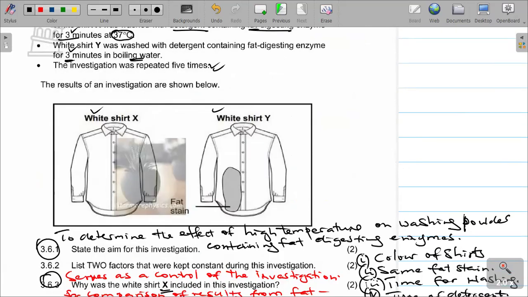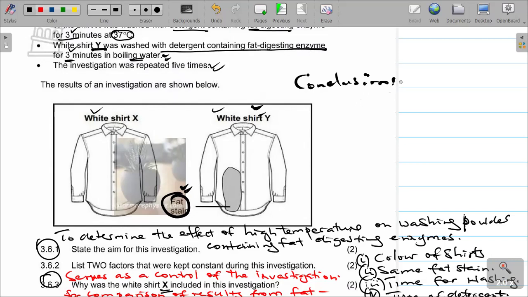So you see, we have got a fatty stain here, which is still present on shirt Y. So the conclusion: we can see that high temperature denatures fat digesting enzymes, thus preventing them from removing the stains. As you can see, shirt Y was washed with detergent containing fat digesting enzyme for 3 minutes in boiling water. So the effect of boiling water affected it.